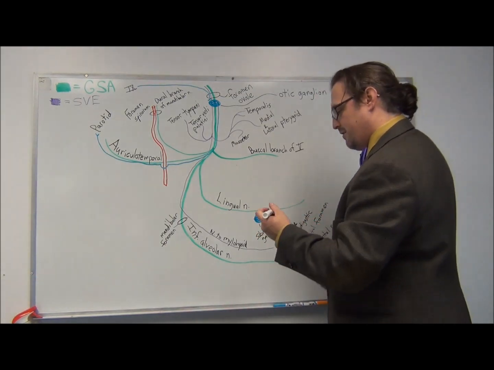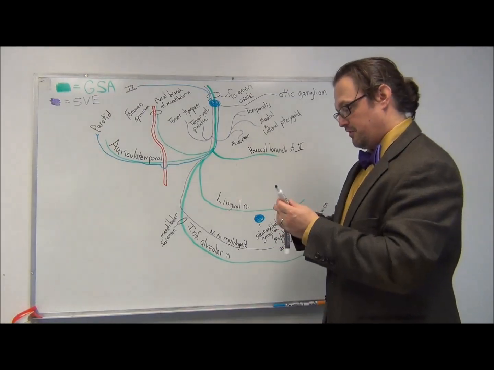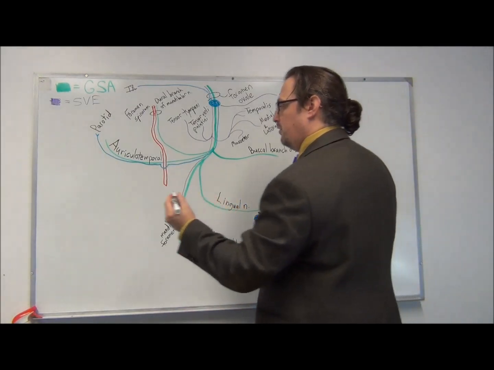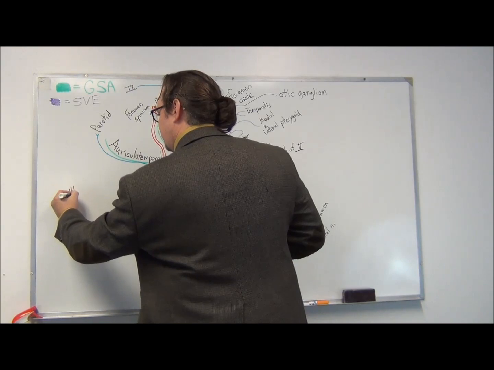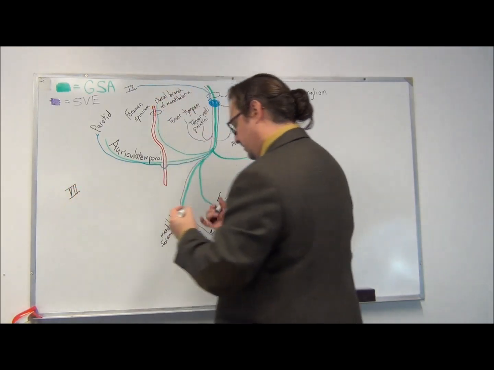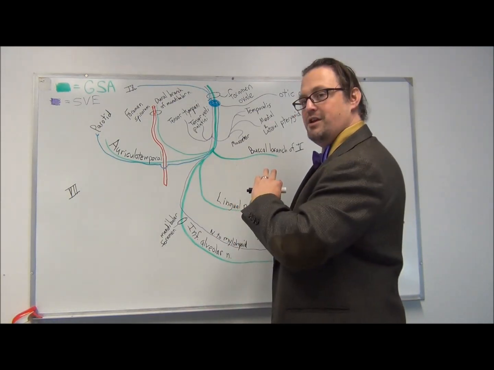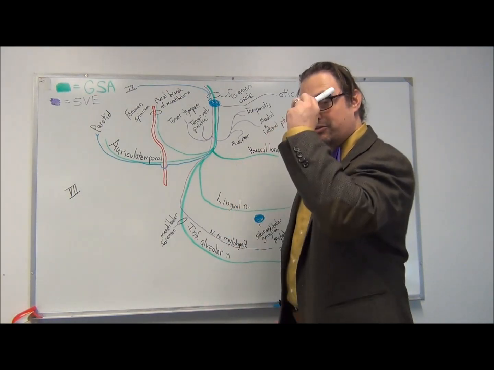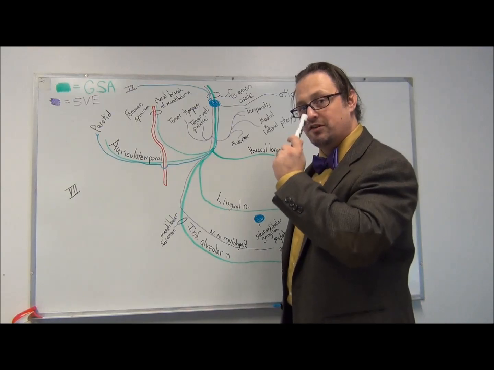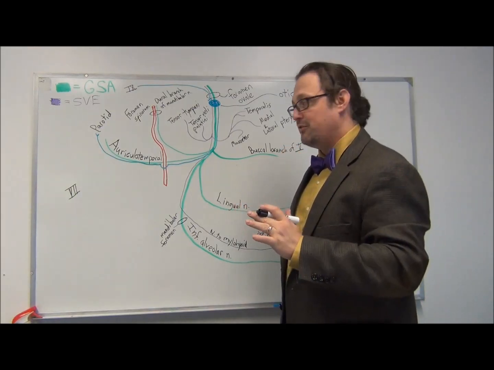Now what's going on here is we've got branches not of cranial nerve 9, but of cranial nerve 7. Last time we saw cranial nerve 7, it was giving off the greater petrosal nerve, which synapsed with the pterygopalatine ganglion to supply the lacrimal gland, and the mucosa of the nasal cavity, maxillary sinus, and so on.